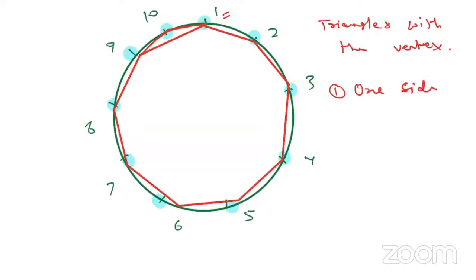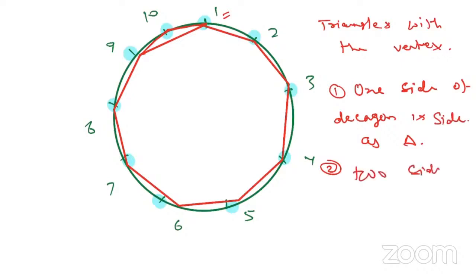One side of decagon same as triangle. One side of decagon is the side of triangle, right? The side of triangle.